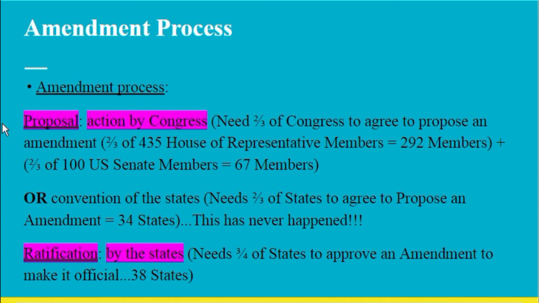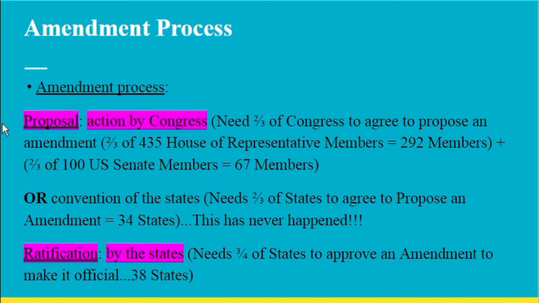So the proposal is an action from Congress, and Congress needs 2/3 of the members to agree and to propose the amendment. So 2/3 of the House of Representatives is actually 292 members. And 2/3 of the Senate is 67 members.